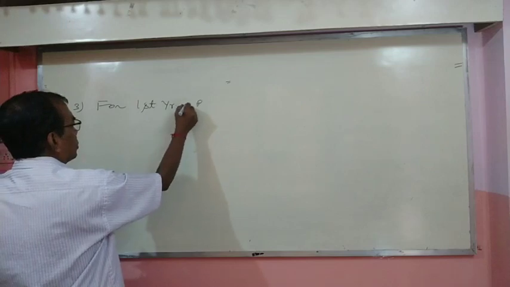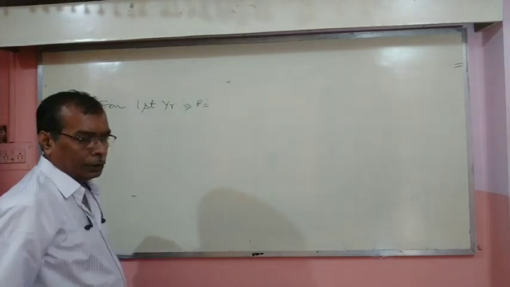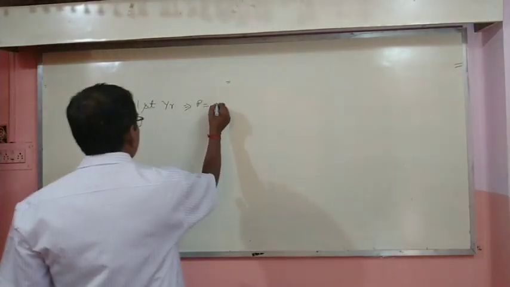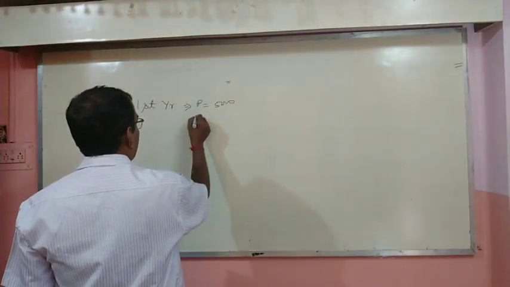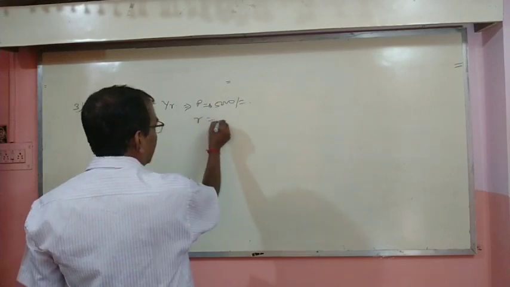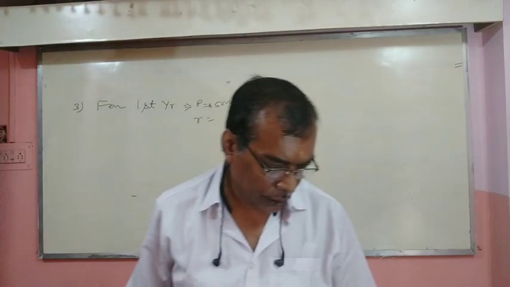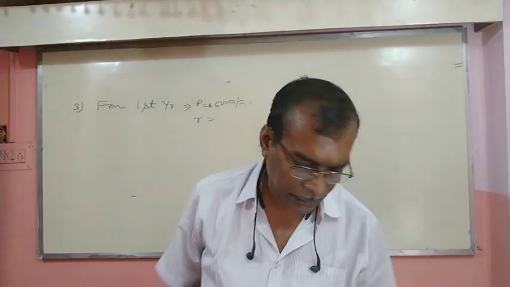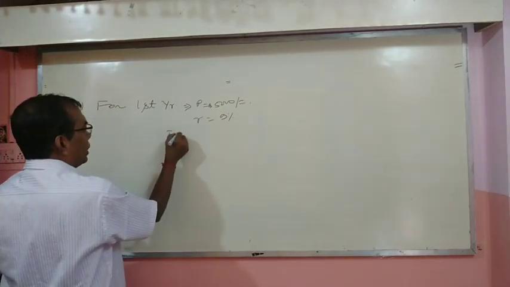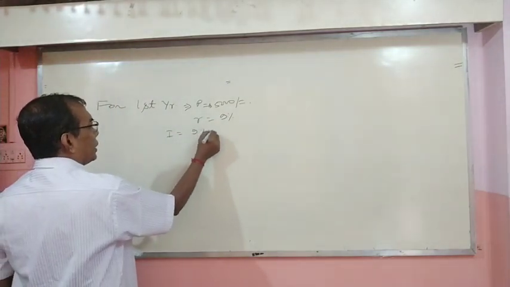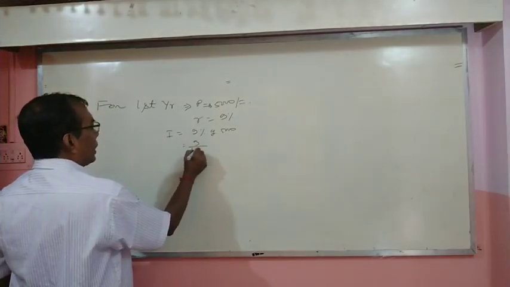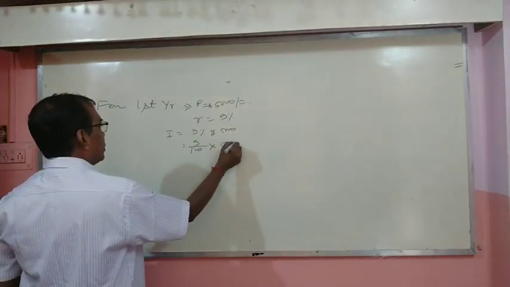the principal amount P is 5,000 rupees, and the rate of interest is given as 9%. So the interest will be 9% of 5,000, which is 9 by 100 of 5,000.